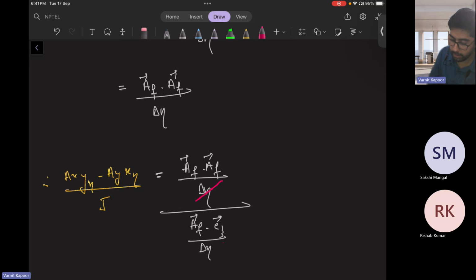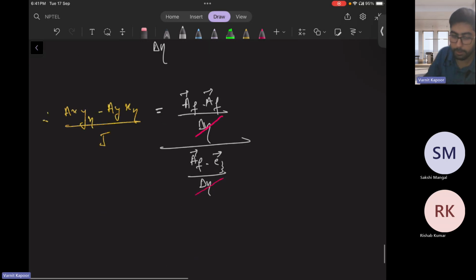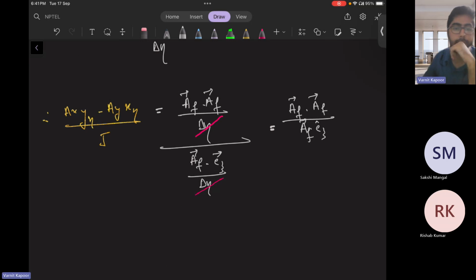So this and this term cancel out. You are left with af dot af over af dot e zeta, e zeta.